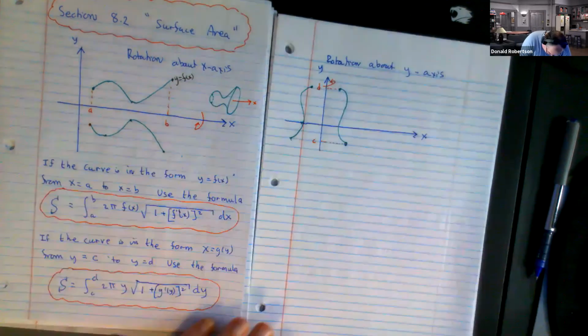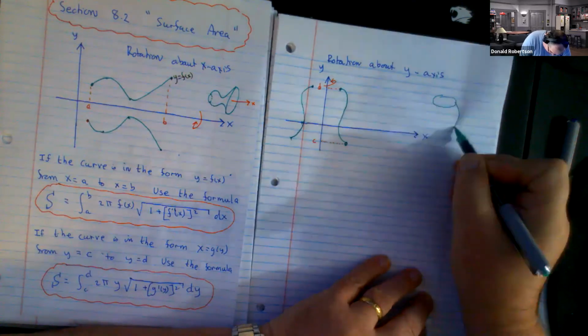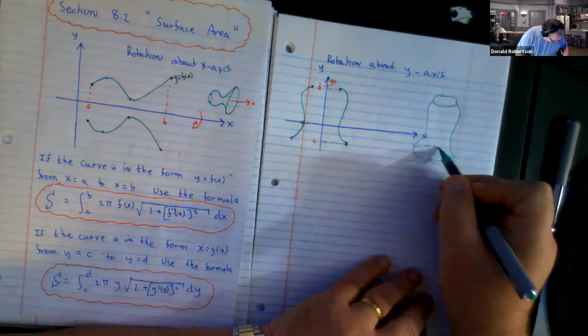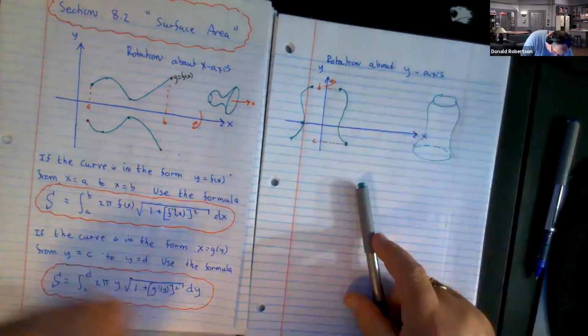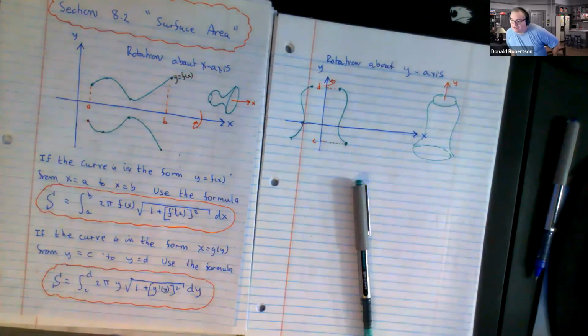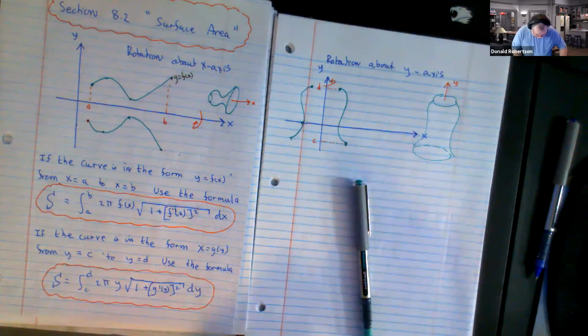It would probably look something like this shape. Kind of, sort of, right? Just to visualize it. So we want to find the surface area of this shape here.